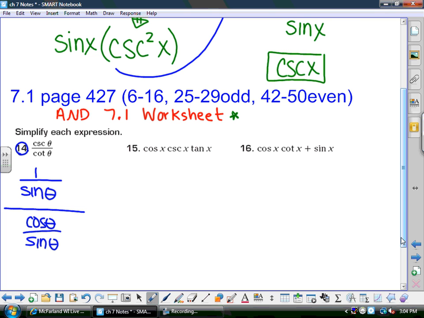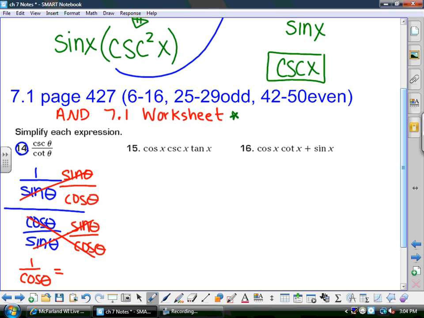Then we have a fraction and a fraction, so I'm going to multiply the top and the bottom by the reciprocal. And pretty much everything cancels out except for 1 over cosine, which is the same as secant.